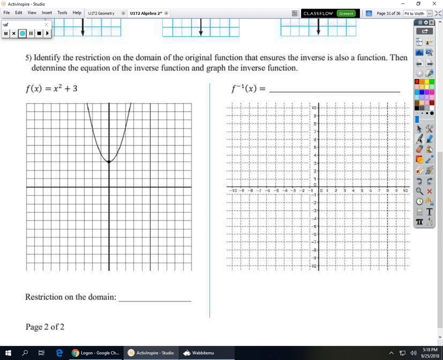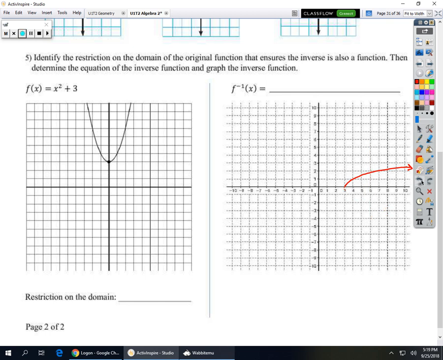If I just draw the inverse any way I want, it's going to look something like this. I'm just going to draw it really quickly. The problem is this inverse is not a function because it fails the vertical line test. If I draw a vertical line through here, it passes through 2 points, and that's not okay. But it would be okay if I only had one part.